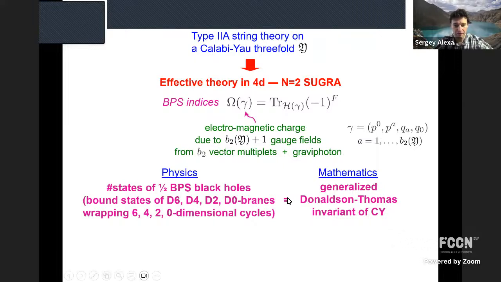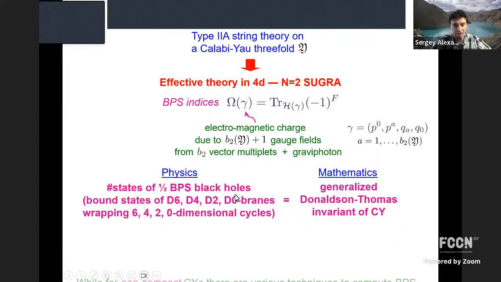Probably at this workshop, I shouldn't explain why these BPS indices are important from the physics point of view, but let me mention just that, of course, they give the entropy of black holes, which we're all very interested in, and also they parameterize the non-perturbative contributions to the effective action, for example. Therefore, they are really important.